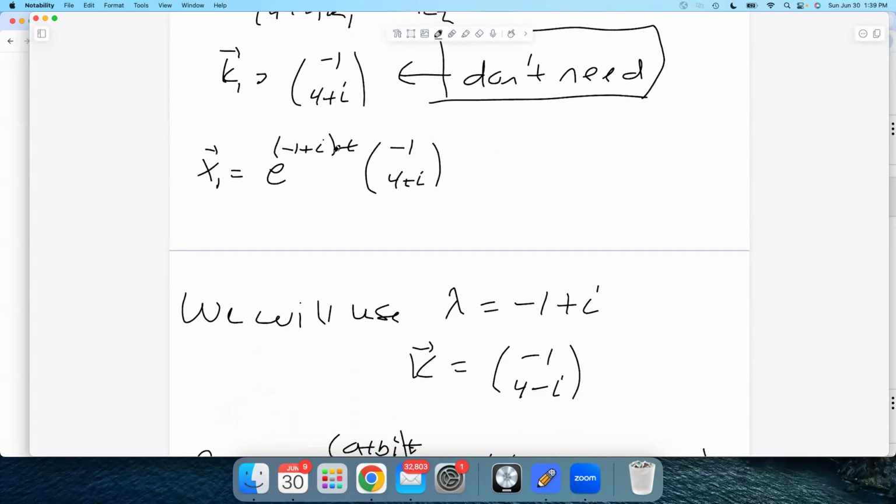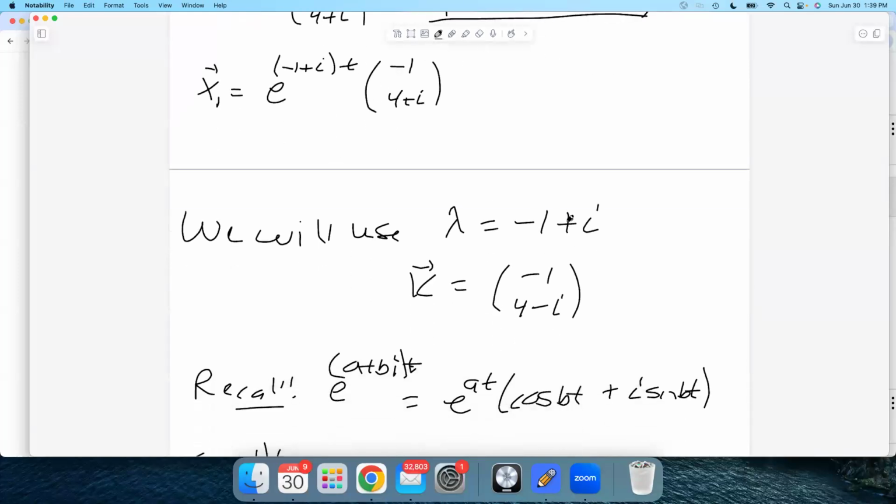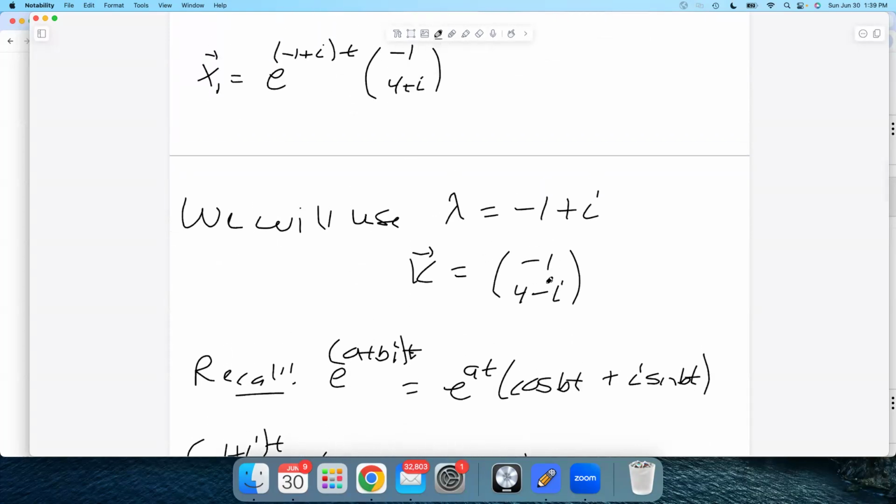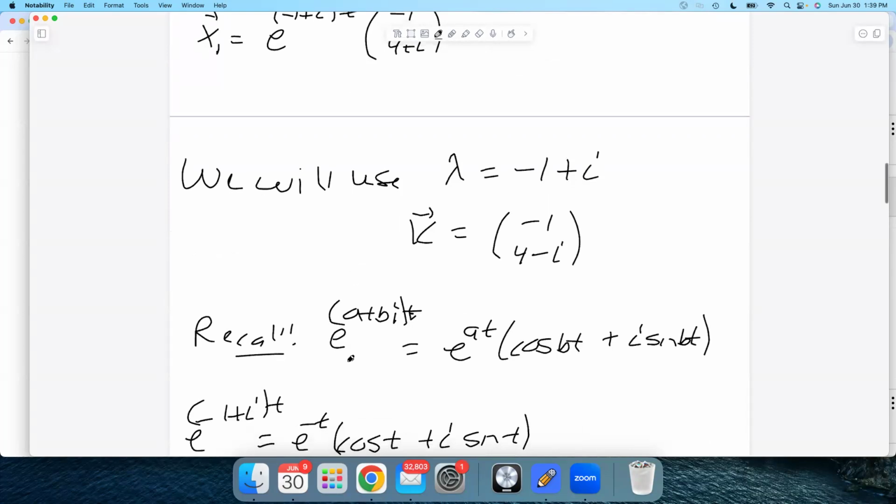Whenever you have complex solutions, you just find one eigenvalue and its associated eigenvector. That's what I'm using, that eigenvalue, that eigenvector. Now we have to use Euler's formula. Recall that Euler's formula says, whether or not you have a t here, this is always true: e to the a plus bi is e raised to the a, and then times t, because I have a t here, cosine of bt plus i sine of bt.